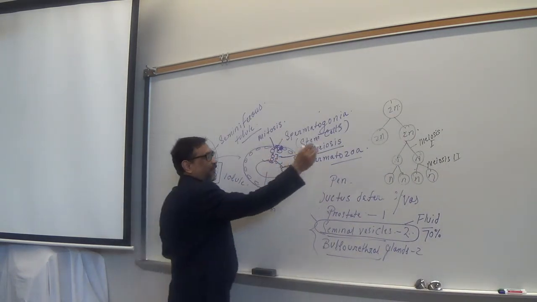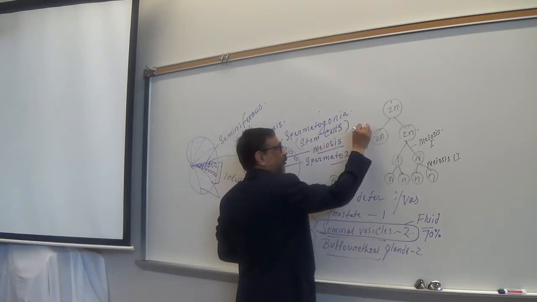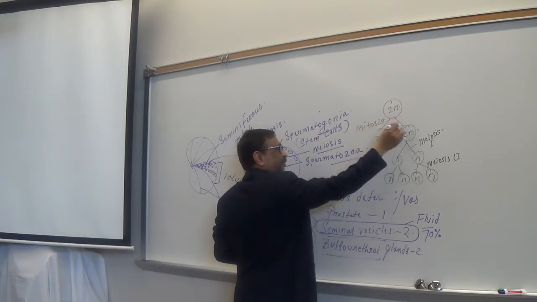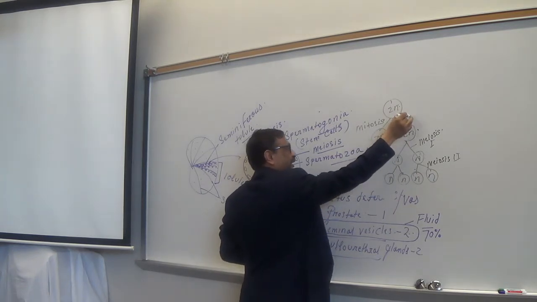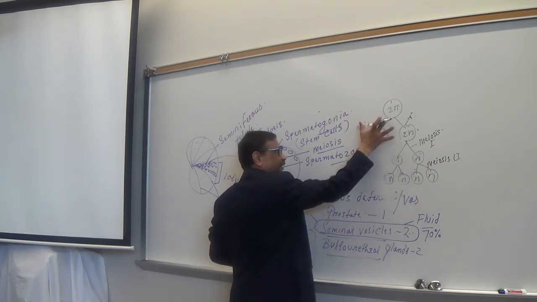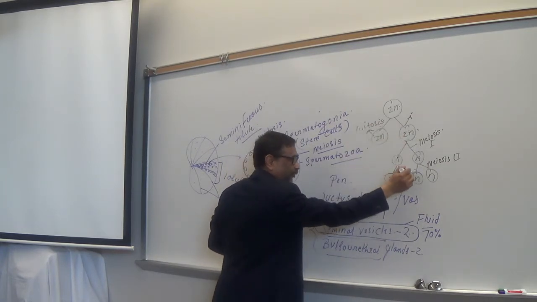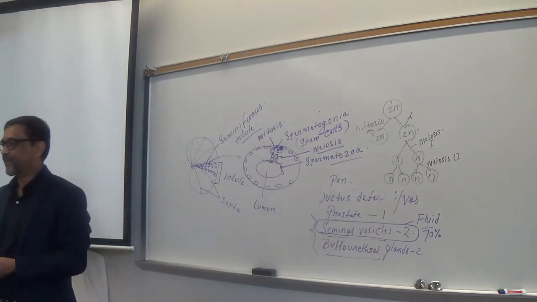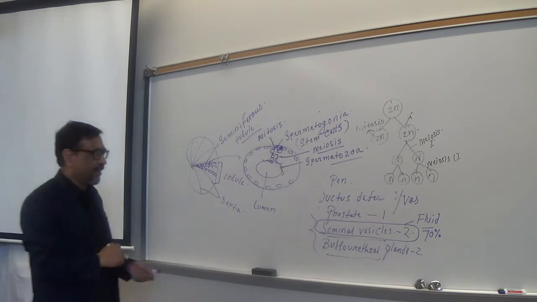So this is mitosis. We'll keep the chromosome number the same. One will stay as a stem cell, and this one will go for further divisions. And these are the sperm.